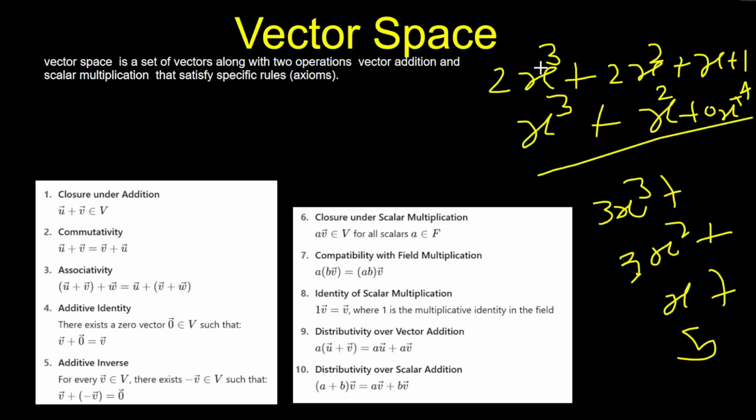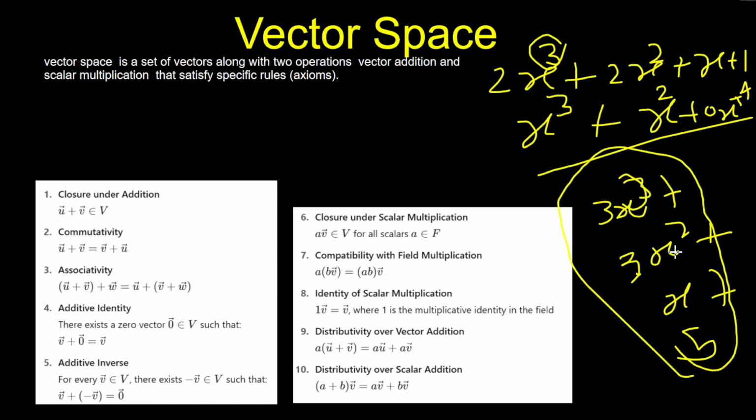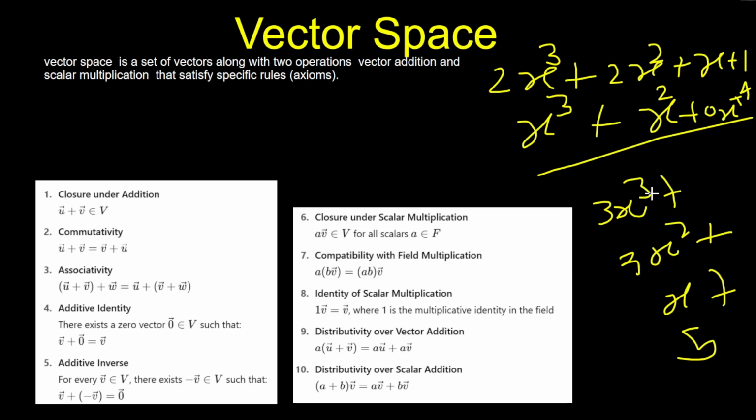So when we add two polynomials with the degree 3, the resultant is also a polynomial of degree 3 or less. So it verifies that it's in a vector space, and it also follows these operations or axioms. So why do I say that the resultant polynomials should also be 3 or less?